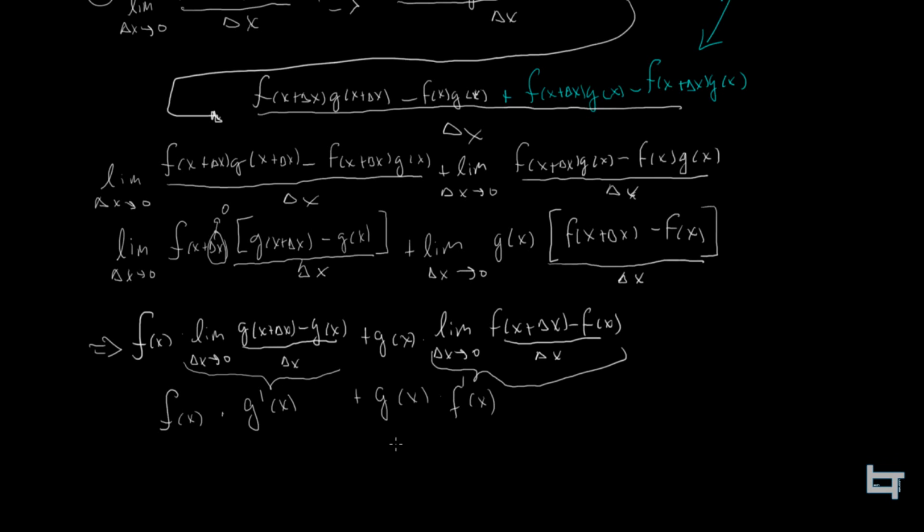So this right here has been proven. This is the proof. The derivative of f of x times g of x is equal to this thing.